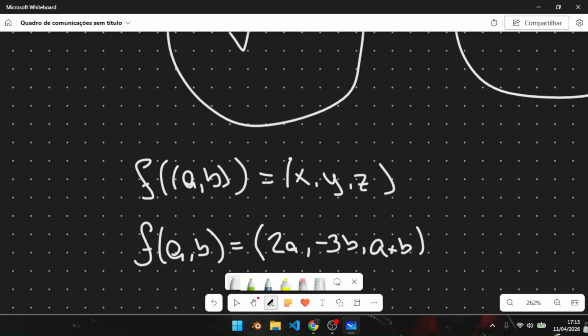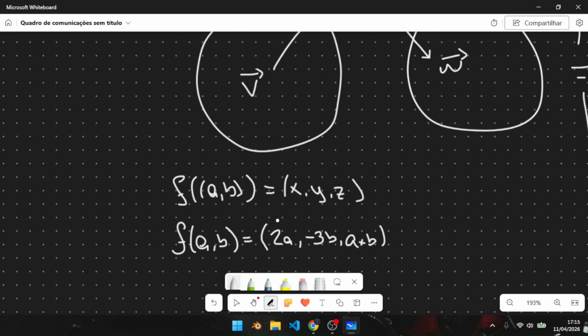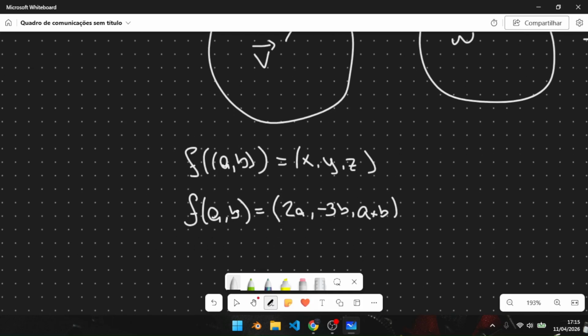Okay, of course, all this depends on the rules that you're going to get, because apparently we're going to have to follow different rules for each space. So for example, here it sets this rule.